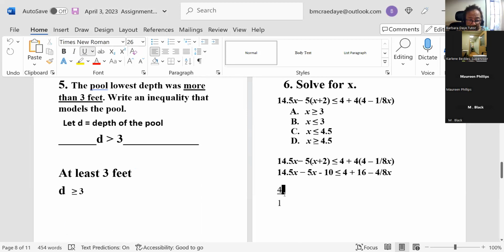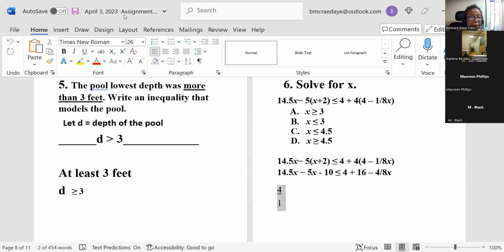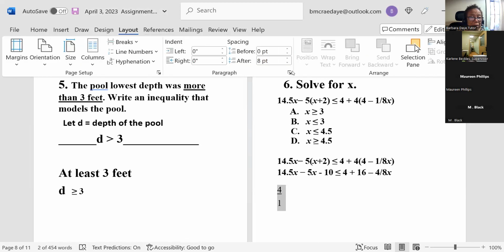You can write any whole number as a fraction by just putting it over 1, correct? Yes.